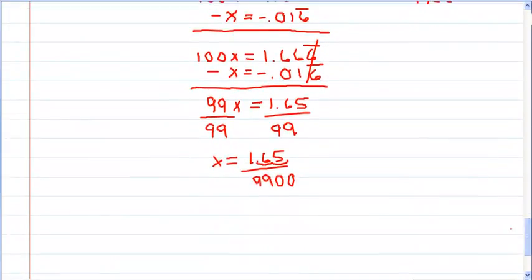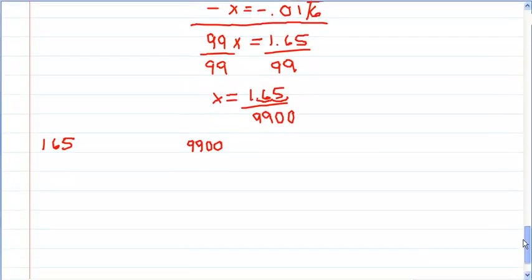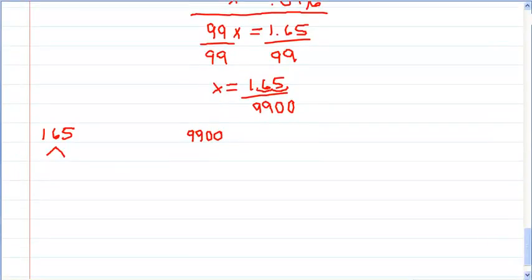So moving down the page, I'm going to write the prime factorization of 165 and of 9,900. So this 9,900 number is going to be very large. And when I take 165 and write the prime factorization, 5 is a factor because the number ends in 5. 5 times 33 is 165. And then 33 I can split up as 3 times 11. So with 9,900, I'm going to divide 9,900 by 5 because the number ends in 0, and I get 1980.